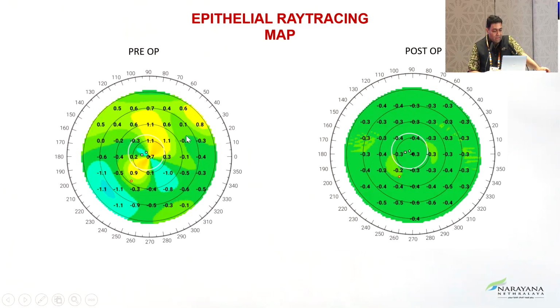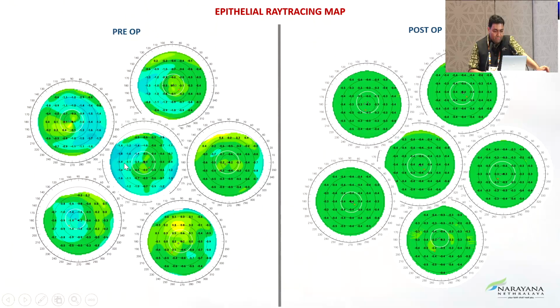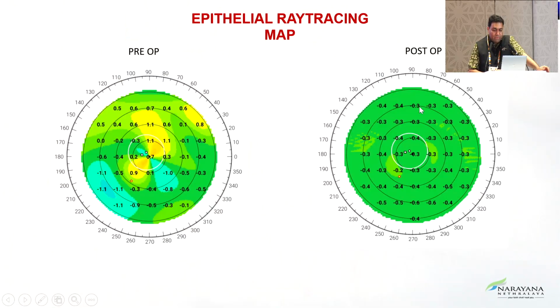And when you do an ablation profile where you're not bothered about your epithelial irregularity, versus doing a ray tracing, a customized one, your epithelium will grow in any way you want. But when you create a beautiful shape, your post-ops will be more regular in shape. This is a ray tracing dioptric gradient change which happens.